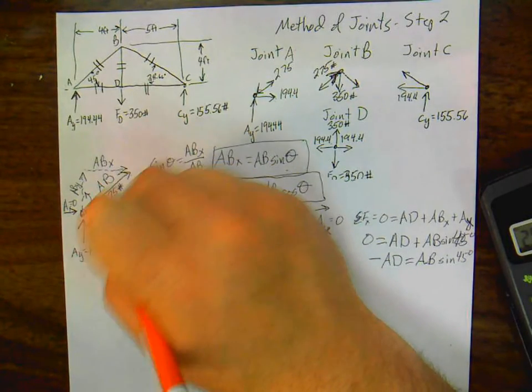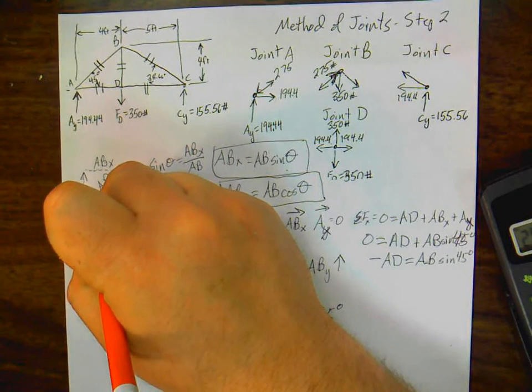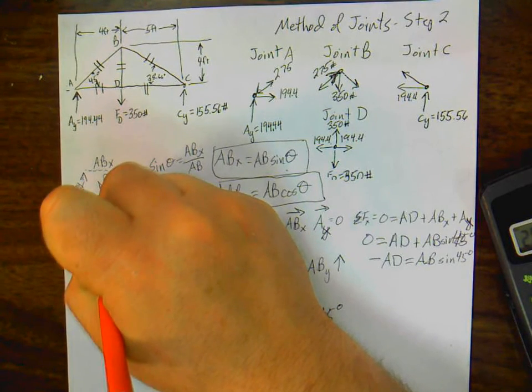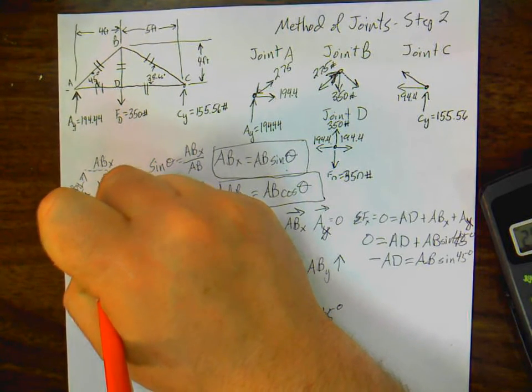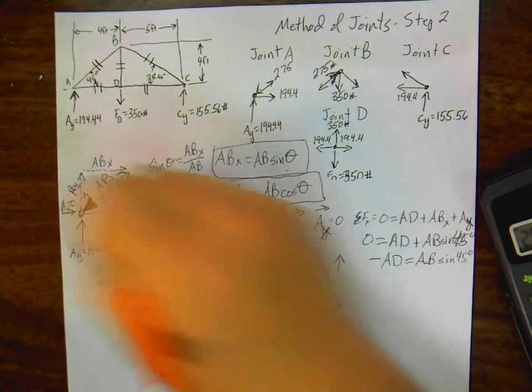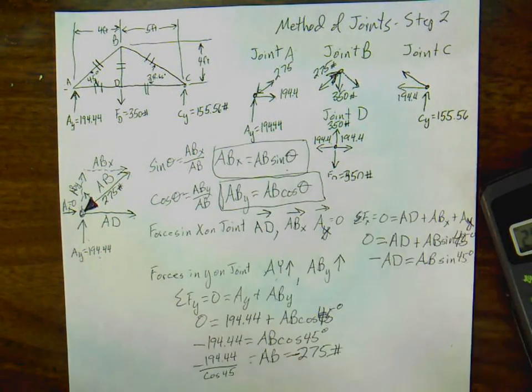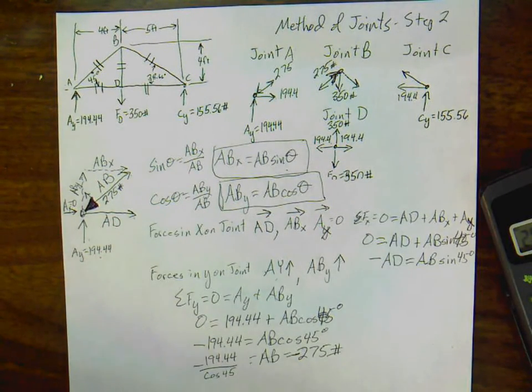So instead of having tension on there, we're actually putting that under compression. So this member here is under compression, and that is acting that way.